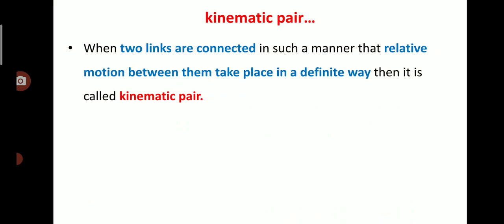So try to understand the meaning of pair, and after that we can understand what a kinematic pair is. When two links are connected in such a manner that relative motion between them takes place in a definite way, then it is called a kinematic pair. So relative motion is taking place in a particular direction in a definite way. This is the meaning of kinematic pair.